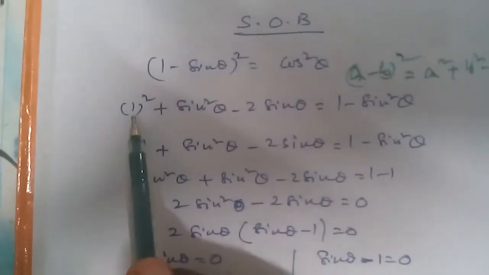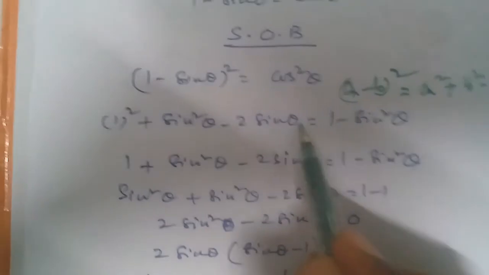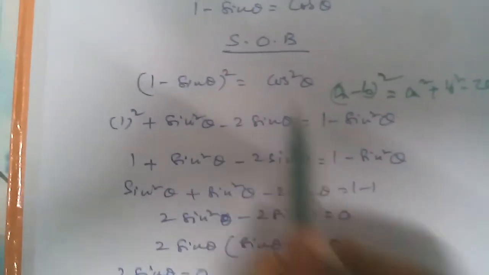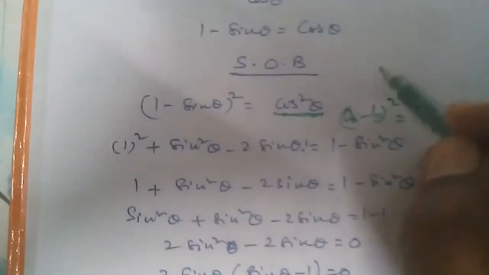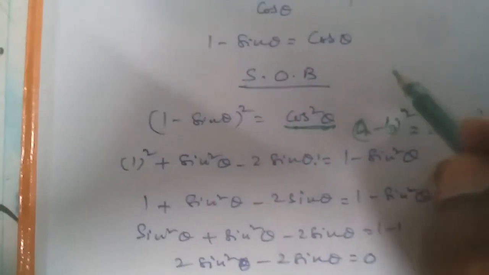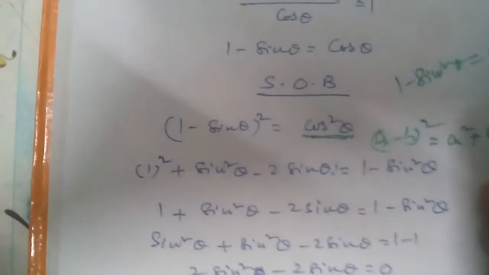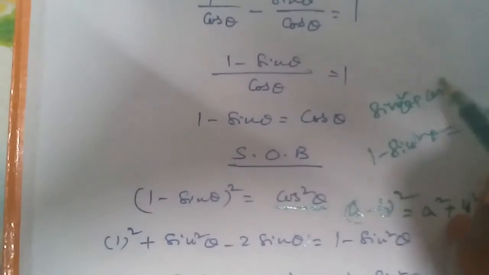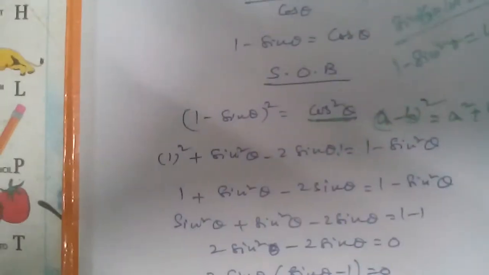So 1 square plus sin square theta minus 2 sin theta into 1. And cos square theta I am writing as 1 minus sin square theta, from sin square theta plus cos square theta is equal to 1, identity 1.